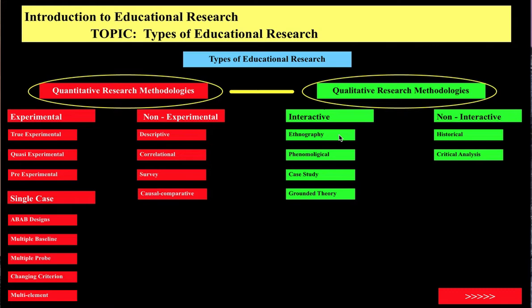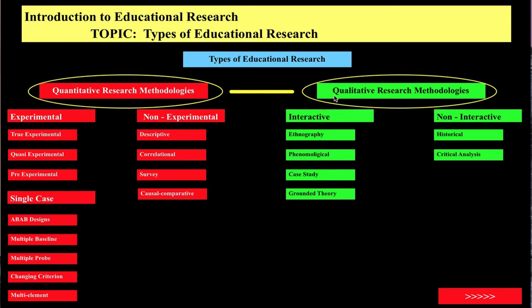So that's qualitative. Phenomenological research, case study, and grounded theory. These are interactive. Non-interactive: historical critical analysis. So again, we're going to take a look at the difference between these two broad paradigms, quantitative and qualitative.